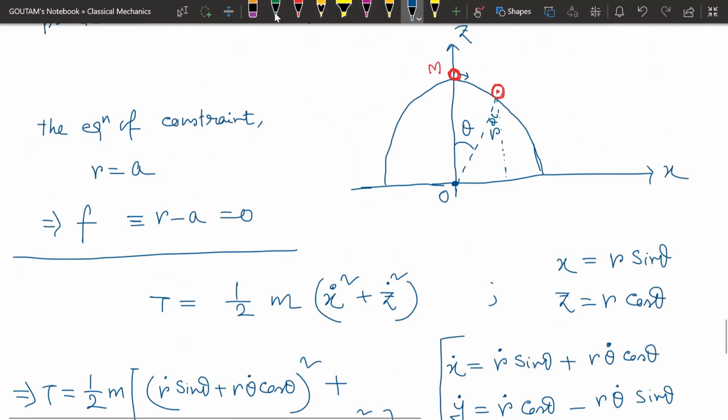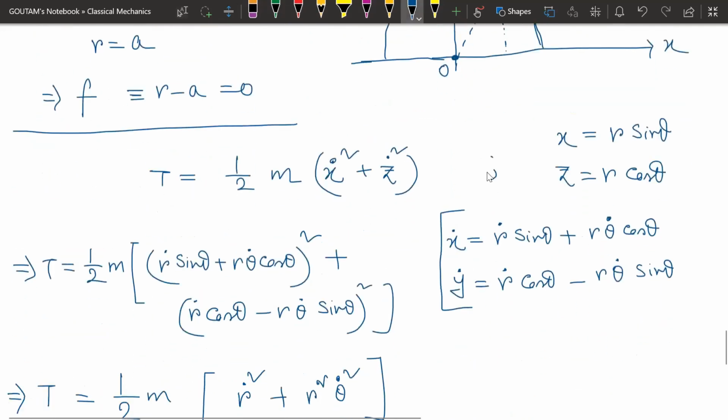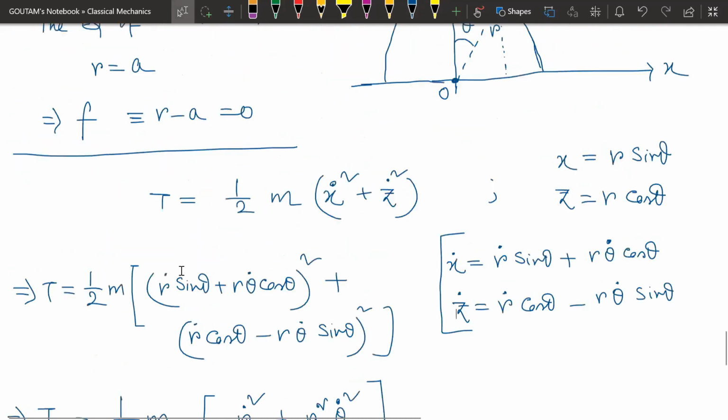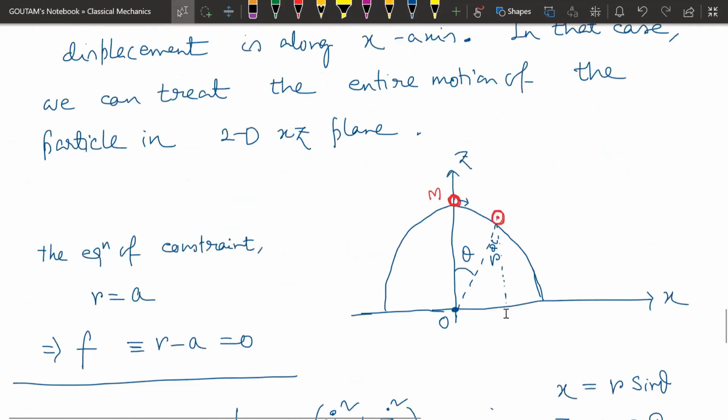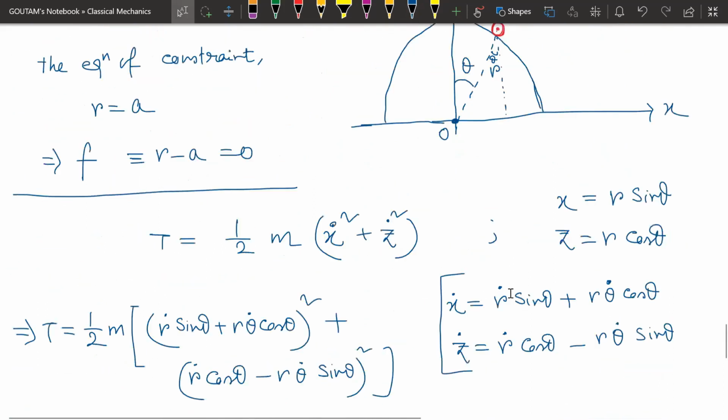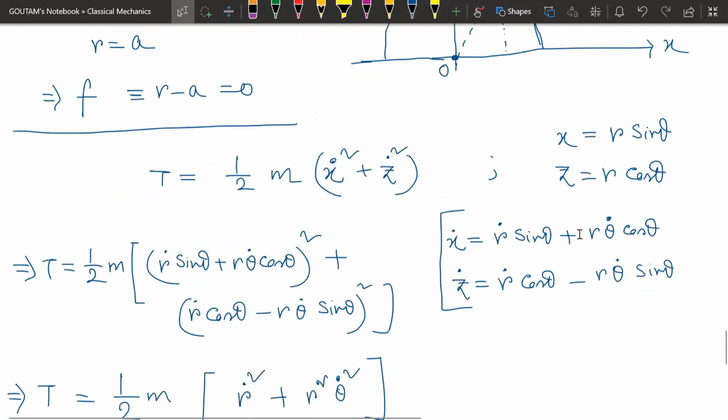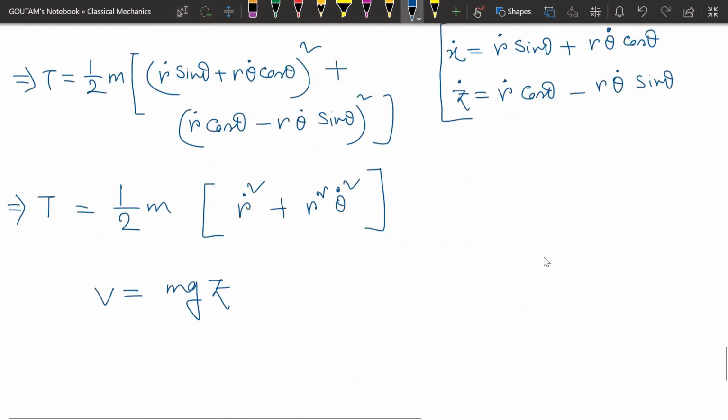We are in a 2D plane, the xz plane. So mgz, where z is the height from the x-axis, and z is r cos theta. So the potential energy will be mg r cos theta.